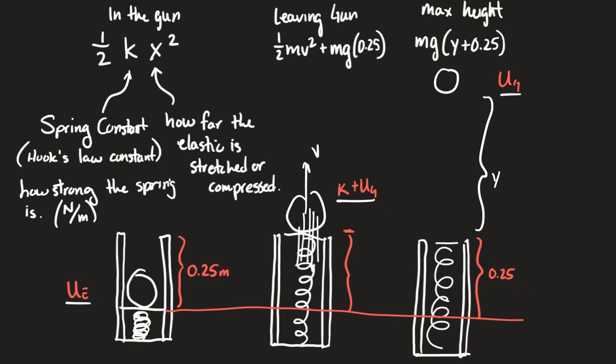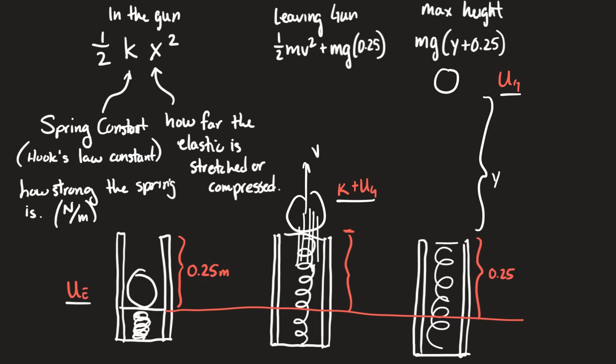So, without further ado, let's work the problem. They tell me the spring constant is 667 newtons per meter, and the ball has a mass of 1.5 kilograms. Your variables might be different, but that's what I have for mine. You guys ready to work the problem now?